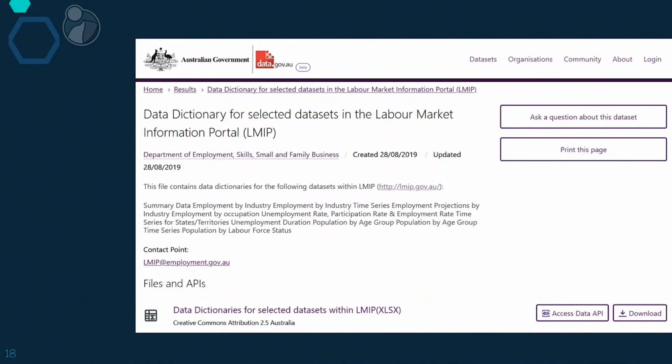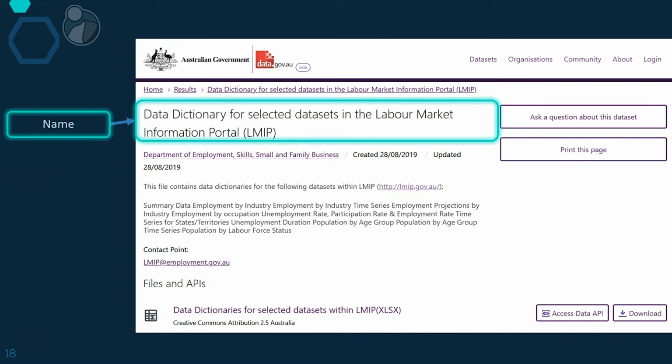In this first example, we're looking at a snapshot from data.gov.au that's describing some descriptive metadata about a data set called the Labour Market Information Portal. On here, we're going to start pulling out common attributes and talk about how these apply back to metadata generally and Aristotle.